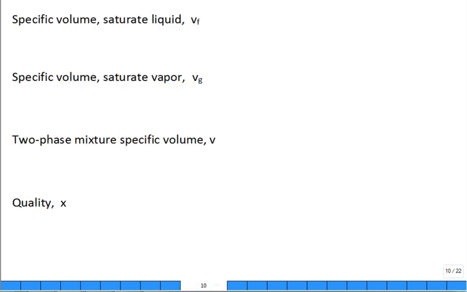So I really covered this already. The V sub F, that's the saturated liquid specific volume. If it's purely liquid, saturated liquid, then it's the volume of the liquid divided by the mass of liquid. True? Here's a number for you.